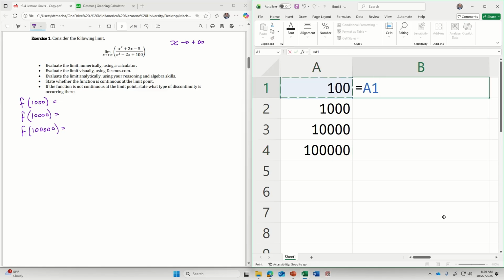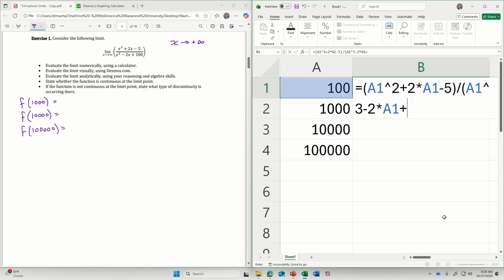And my function is x squared plus 2 times x minus 5 divided by x cubed minus, open parentheses, x cubed minus 2 times x plus 100.